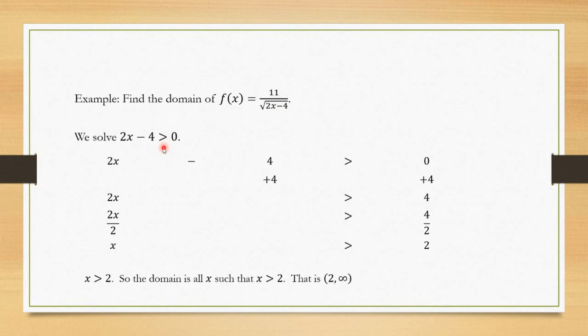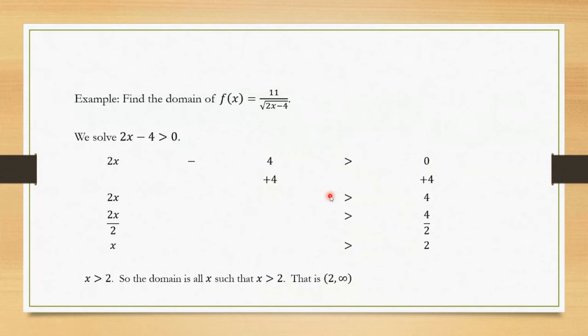So because of that, this is strictly greater than 0. Okay, that's cool. So let's do it. Again, we have this inequality to solve, so we're using what we have learned in section 1.5. So we have 2x minus 4 greater than 0.